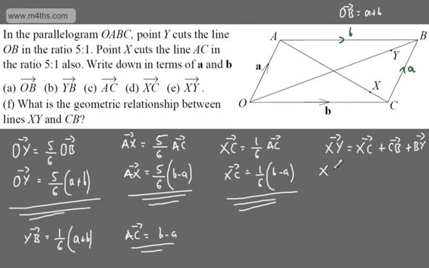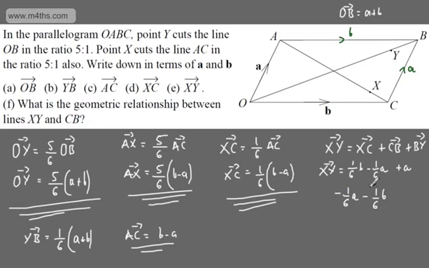So X to Y is going to be equal to: I'm going from X to C, which I know is 1/6 B minus 1/6 A, plus C to B, which is plus A, plus B to Y. Now we already know what Y to B is, so if I want B to Y, it's going to be minus this value. So it's going to be minus 1/6 A minus 1/6 B.